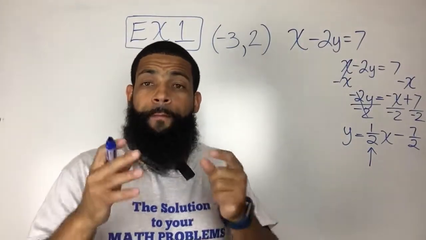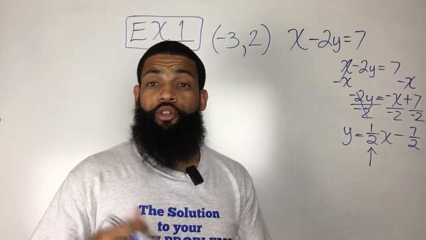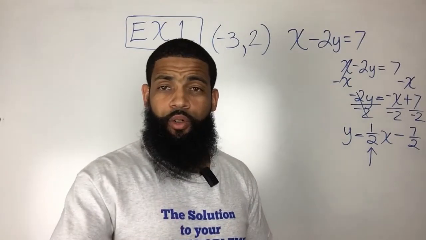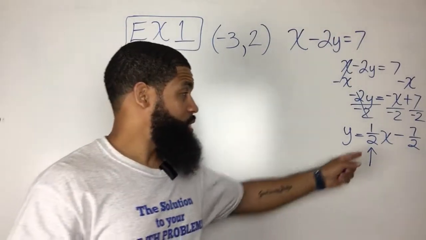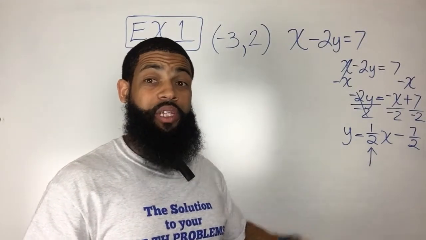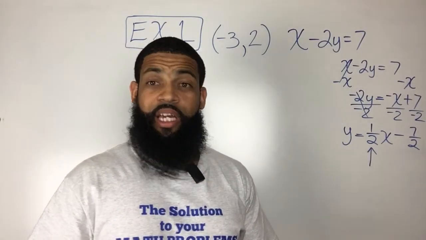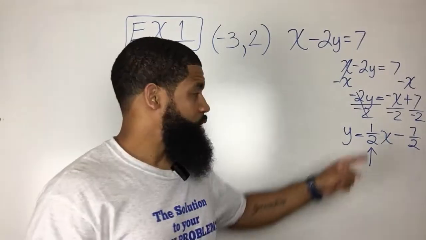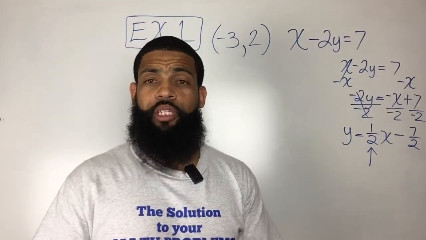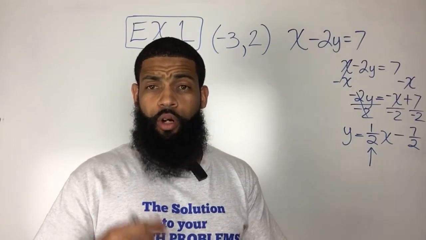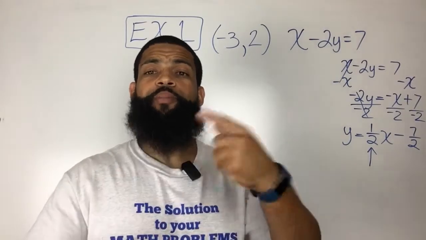Perpendicular lines have slopes that are opposite reciprocals. When we take the opposite, in this case the slope is 1/2, the opposite of 1/2 is negative 1/2. The reciprocal of 1/2 is 2. When you take the reciprocal of a fraction, we are just simply flipping that fraction.